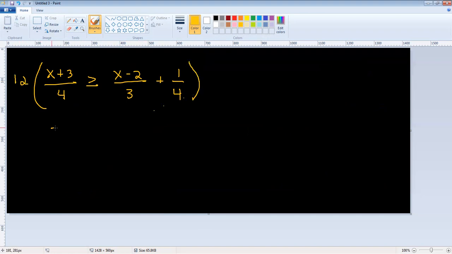So this is 3x plus 9 greater than or equal to, 3 goes into 12 4 times, 4x minus 8. And then 4 goes into 12 3 times, so 3 times this is this. I'm just reducing these. So the LCD is 12, and it clears all fractions.